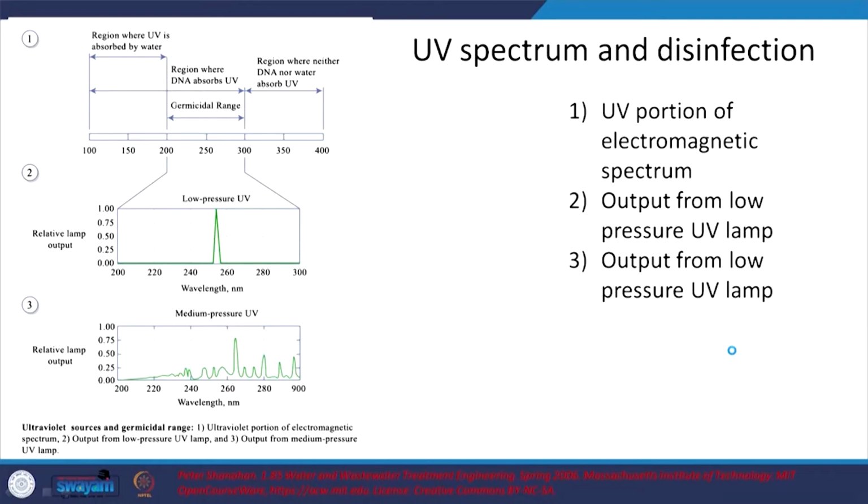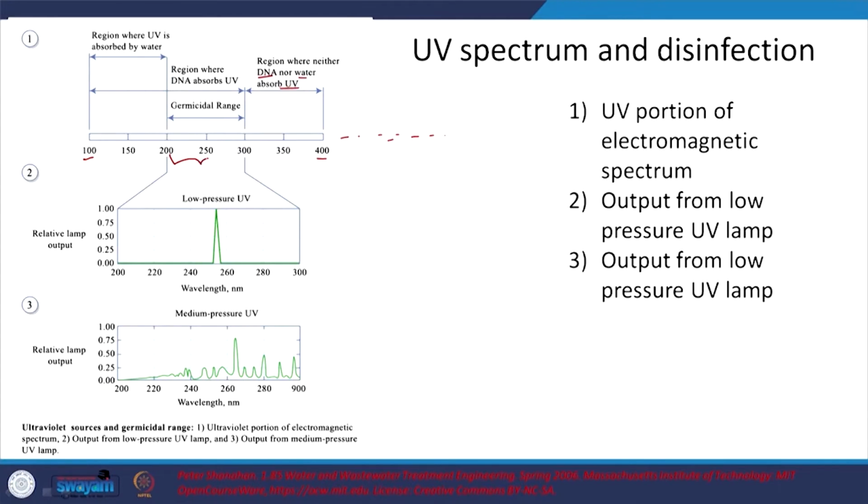So, let us look at this. What do we have here? 100 to 400 nanometers, around this, and 500 to beyond 600 nanometers is visible I guess. But what is this range? Between 100 to 200, UV is absorbed by water itself, and between 300 to 400 is a region where neither DNA nor water absorb UV.